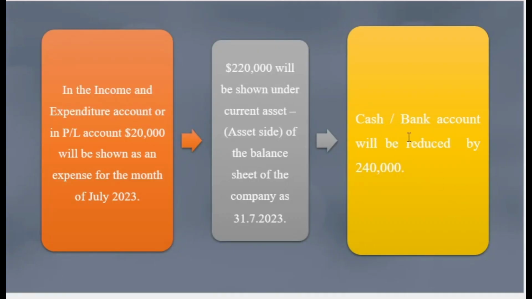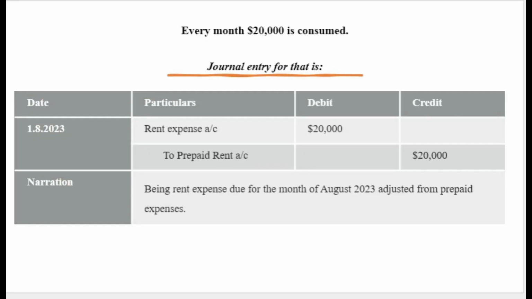So cash will be reduced by $240,000 because the entire 240 will be credited from the cash. For 240.